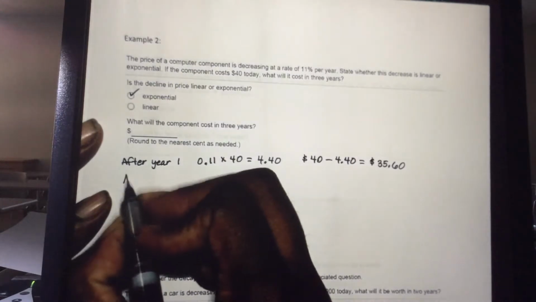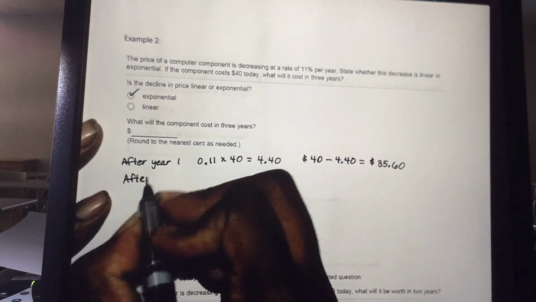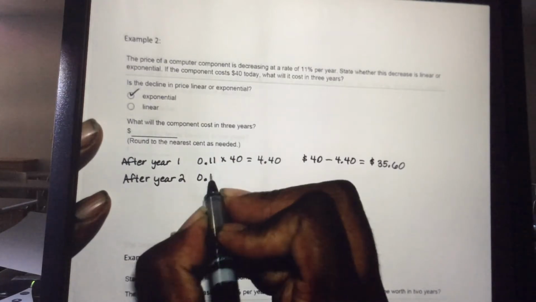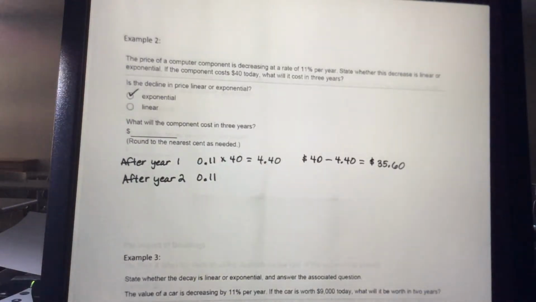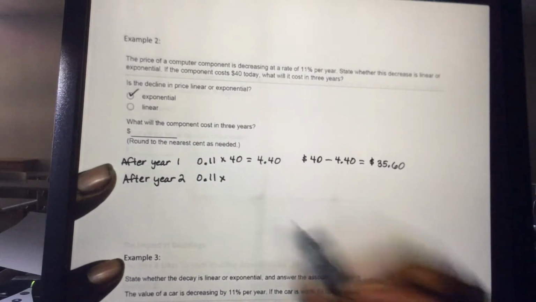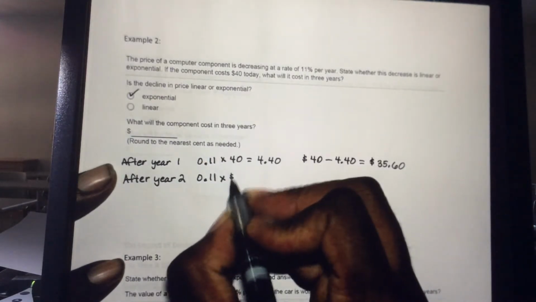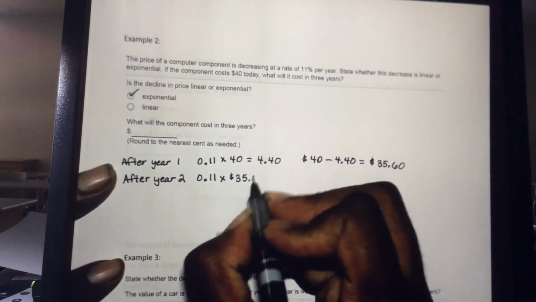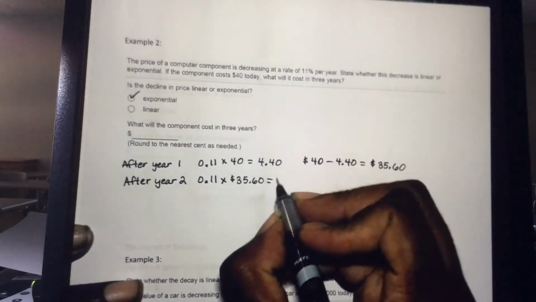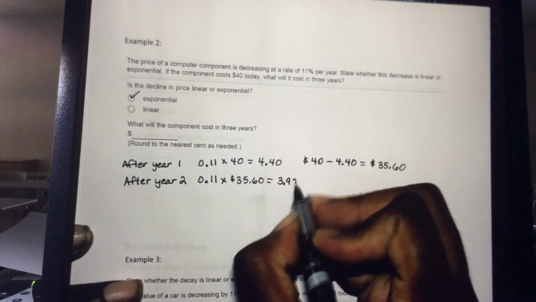Now, after the second year, it's still going to be decreasing by 11%, so it's 0.11 times this cost of $35.60. If you round this off to 2 decimal places, it would be $3.92.